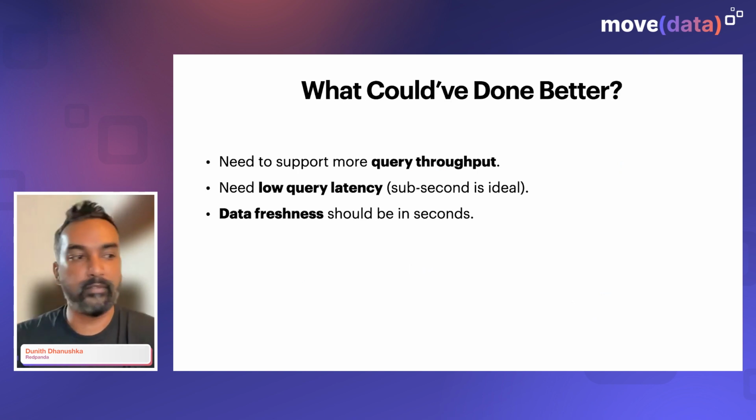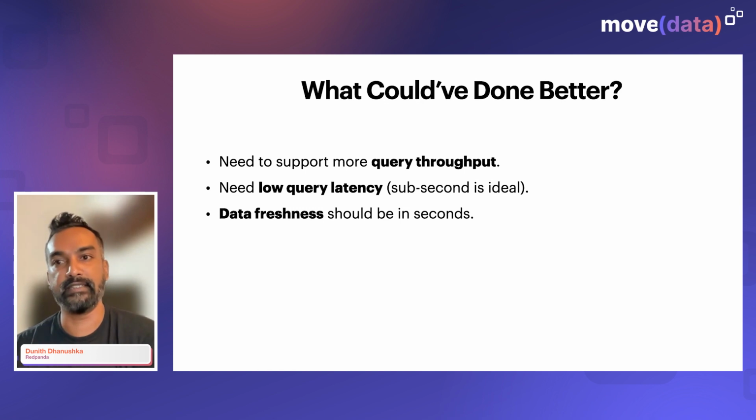This seems like a far better option than the first option, but there are still problems in terms of throughput, latency, and the freshness of data. Because we are serving analytics directly from the data warehouse, it is not fine-tuned or optimized for user-facing analytics scenarios. Usually their throughput and latency is limited.